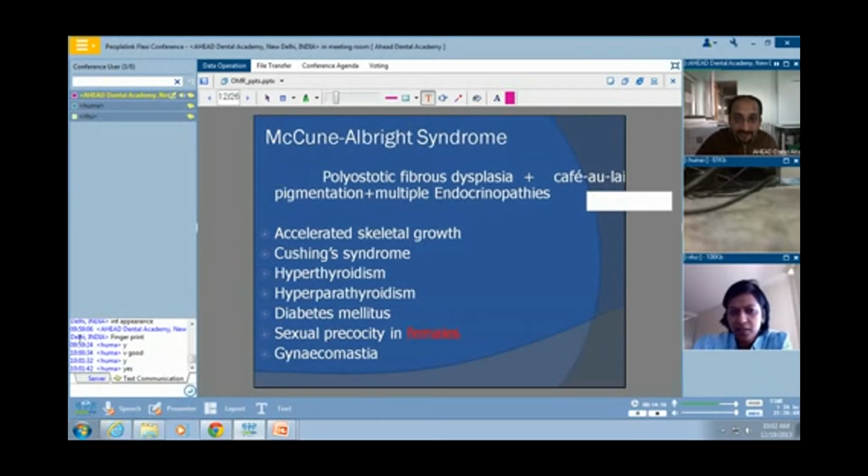Exclusively. I have written females in bold. Can you guys see? McCune-Albright syndrome can occur only in females. If it is occurring in males, it means this is some other condition, which we need to investigate. Is it clear?